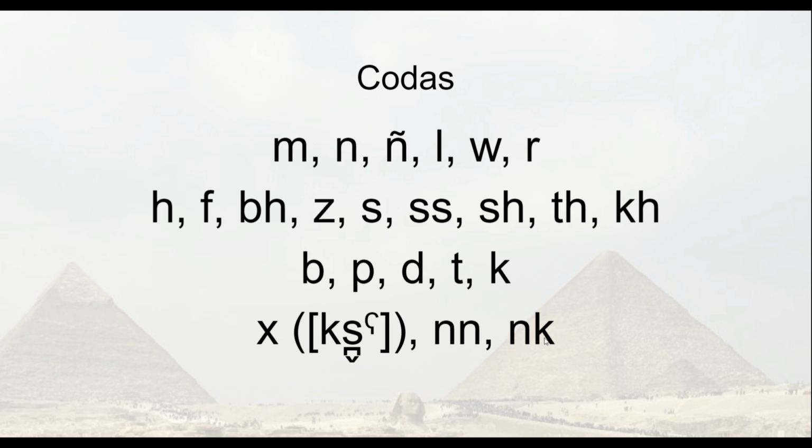And there's one word that ends with nk, and that's the word enk, which is the word for each, as in each thing or each person, etc.